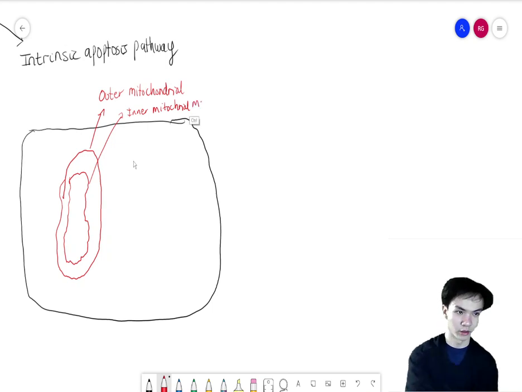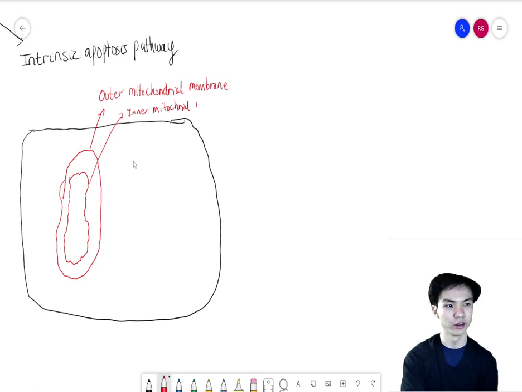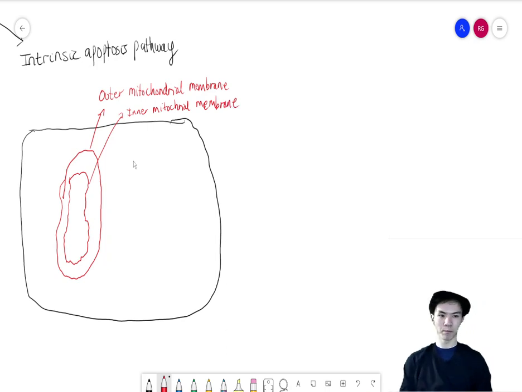And within your intermembrane space, you're going to have what we call cytochrome C. And cytochrome C is, of course, involved in respiration, but it's also involved in, so I'm going to draw cytochrome C here.